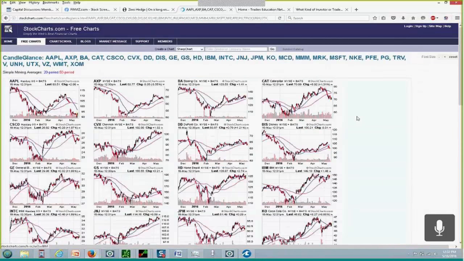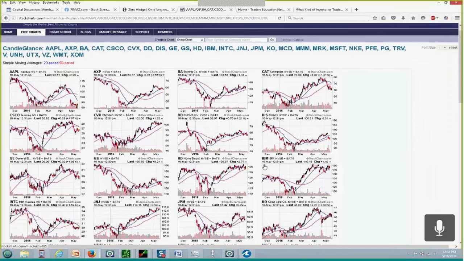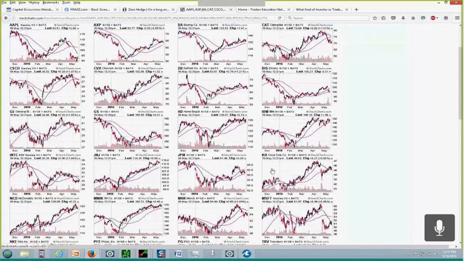And what I'm looking for are a couple of things when I look at this screen. I'm looking for high probability chart patterns. And I'm also looking for the general trend and direction of the stocks individually and as a group and as a sector. So what does that mean? Okay, so Goldman Sachs, it's in the financial sector. So is American Express.